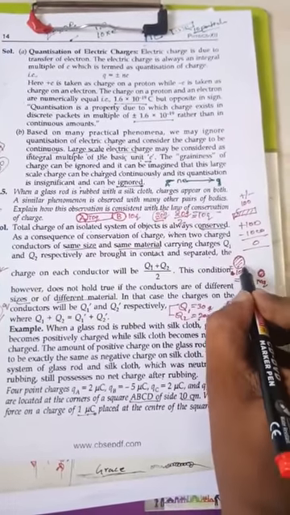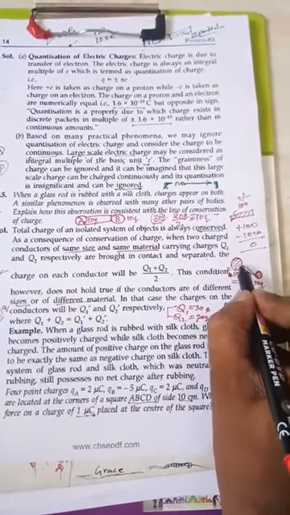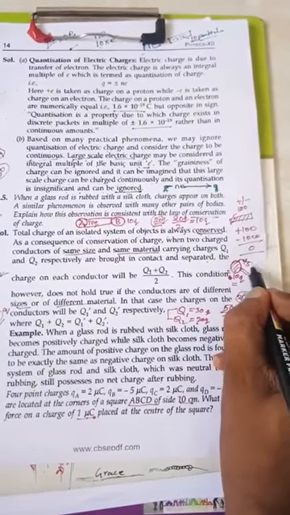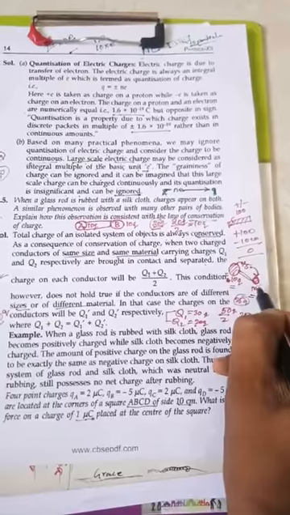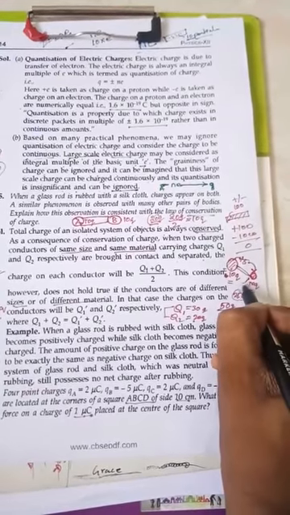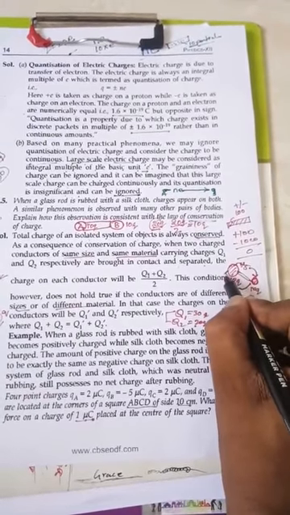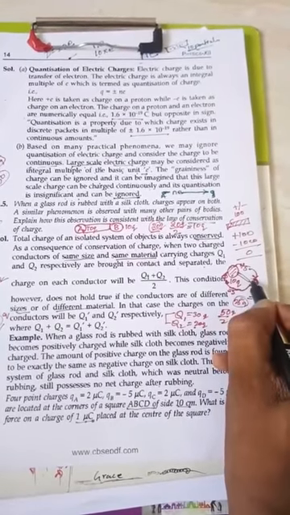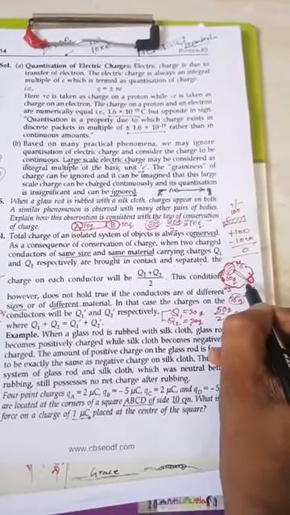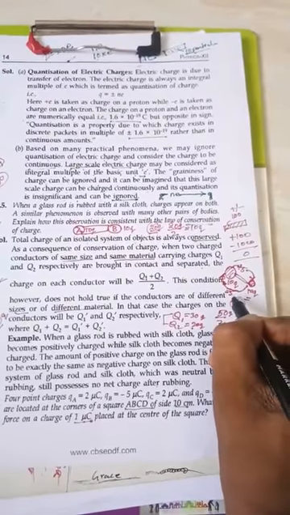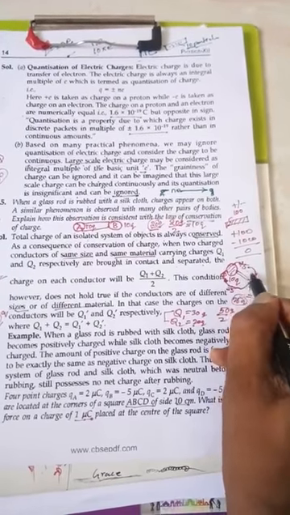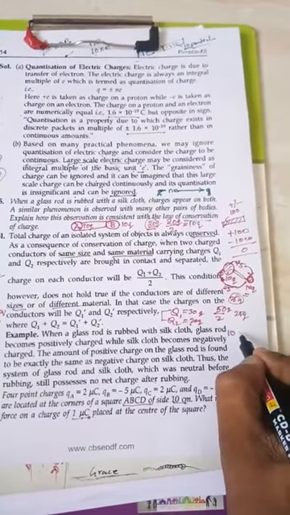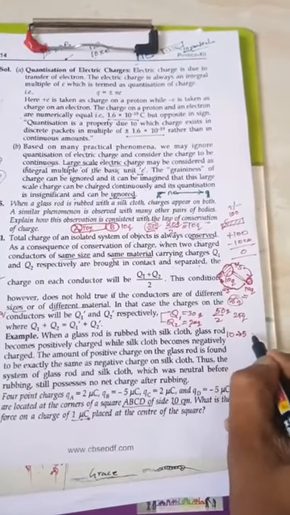After contact, suppose 5 positive charges transfer to the second object, and the same 5 charges, negative, transfer to the first object, minus 5 charges. So now you see total 10, then it splits as 5 plus 5.